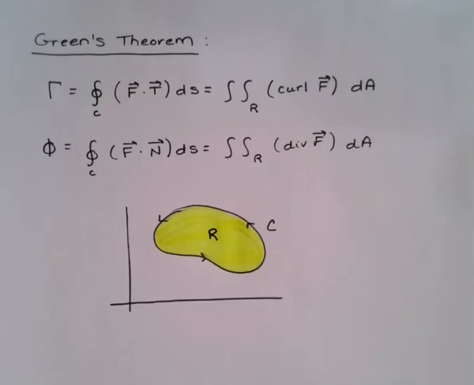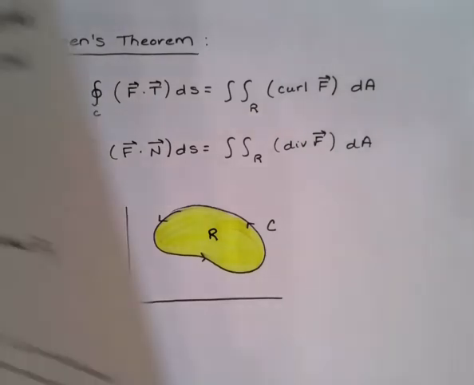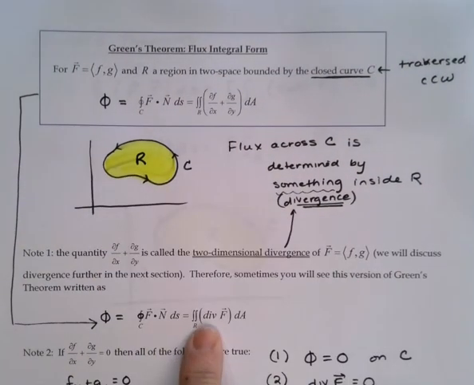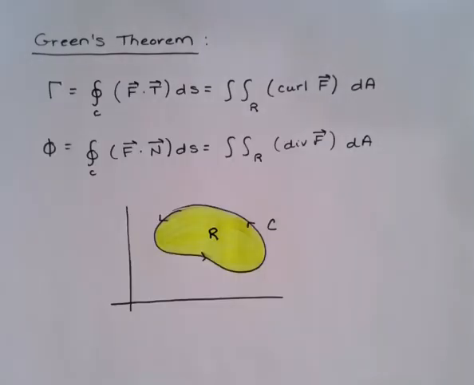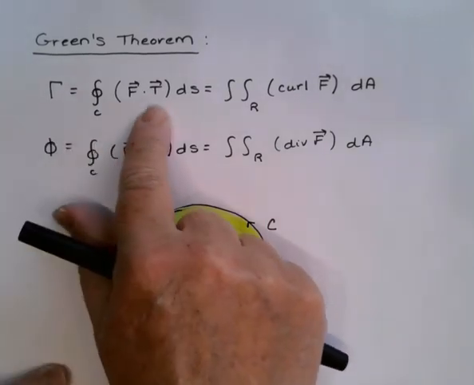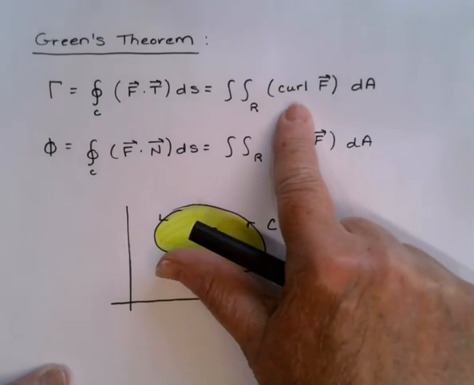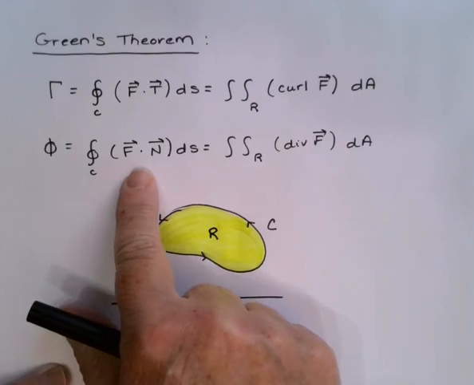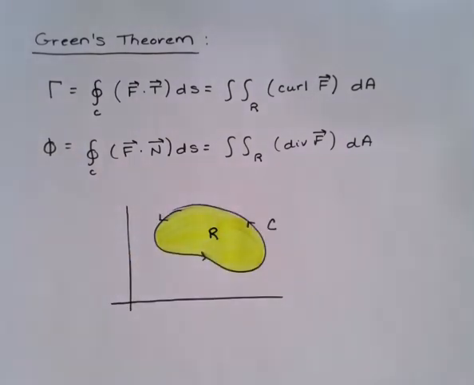And when we did Green's theorem in the flux form, we said this integrand was actually the two-dimensional divergence. I've rewritten Green's theorem here just to emphasize that the circulation, f dot T ds, can be calculated as the double integral of the curl, and the flux, integral of f dot N ds, is the double integral of the divergence.